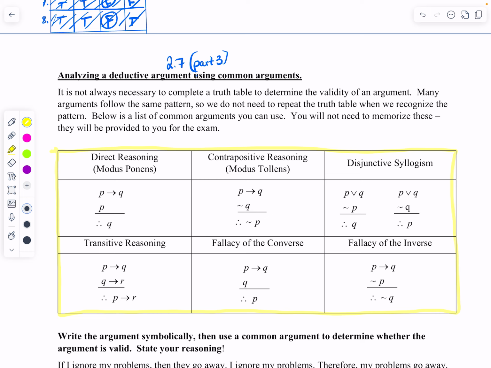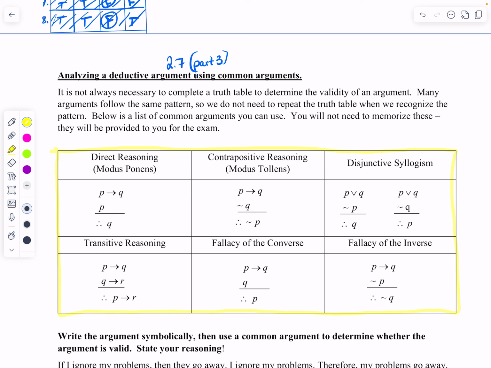There are two different ones you can do. We do the disjunction, P or Q, for premise 1, the negation of P for premise 2, and the conclusion is Q. Or we can have P or Q, negation Q for premise 2, and the conclusion is P.